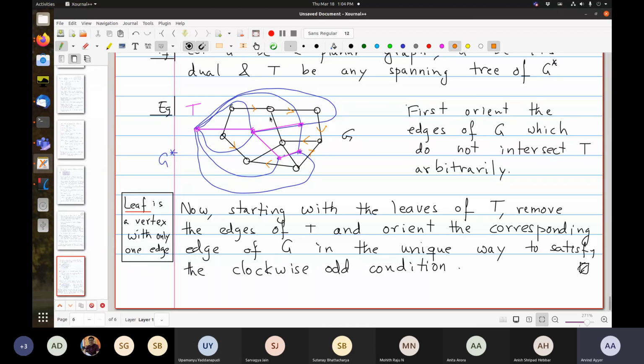So I want to orient it in this direction so that this is clockwise odd, which is clockwise 3. Then when I remove this, I care about this triangular face. As I go clockwise, this is not clockwise, this is not clockwise, so this is 0 so far. So I want to make it clockwise, so I do it this way.